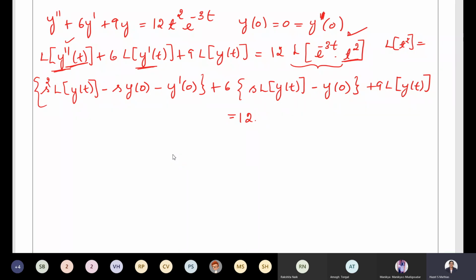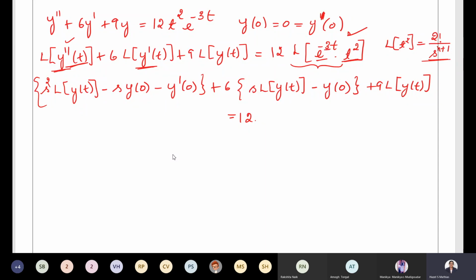It is 2 factorial divided by s power n plus 1. So this is that. Then what we do here, we have e power minus 3t. So a will be what?